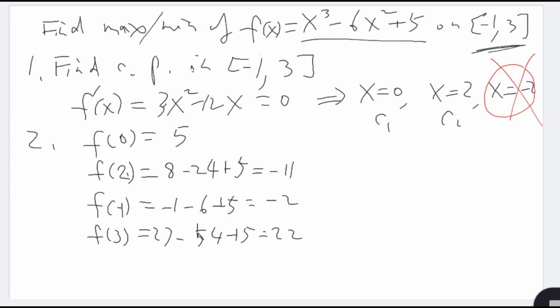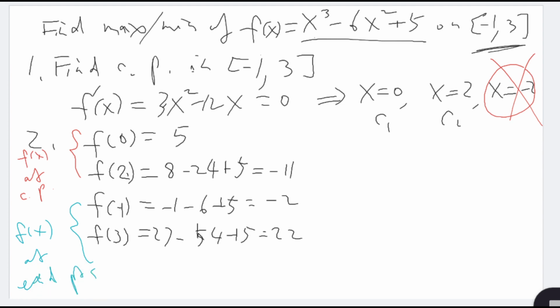So again, make sure you know this is f of x at the critical points, and this is f of x at the endpoints.